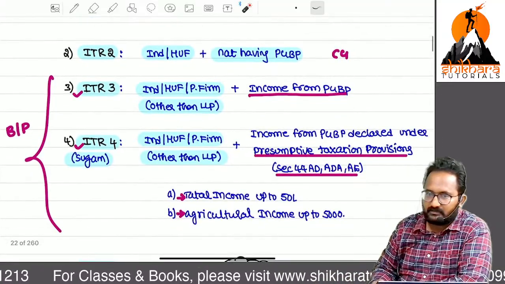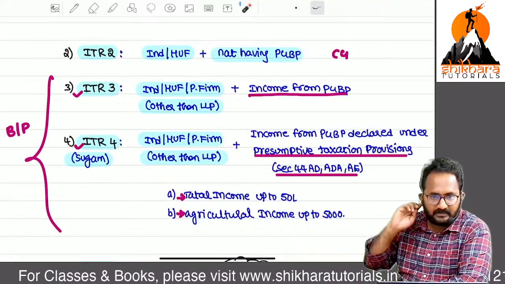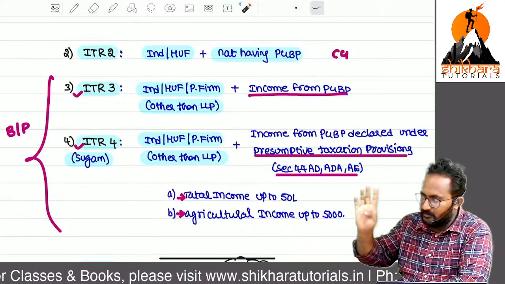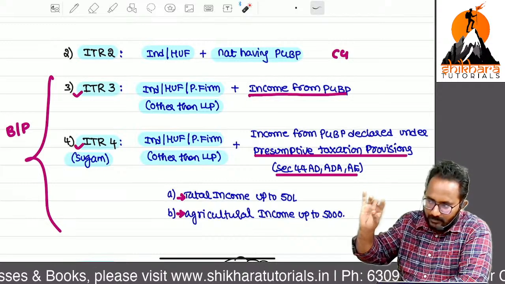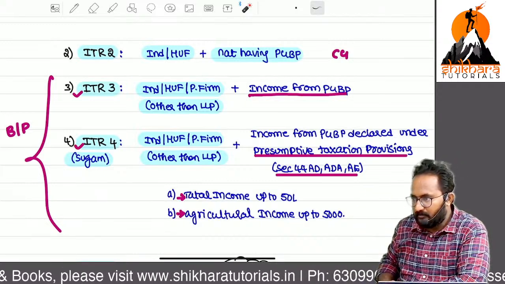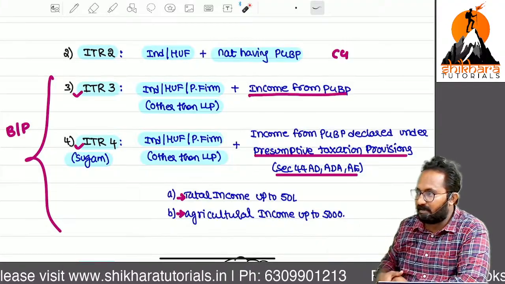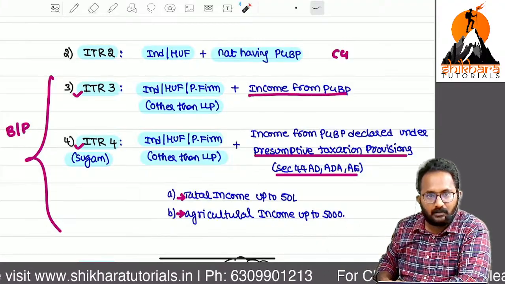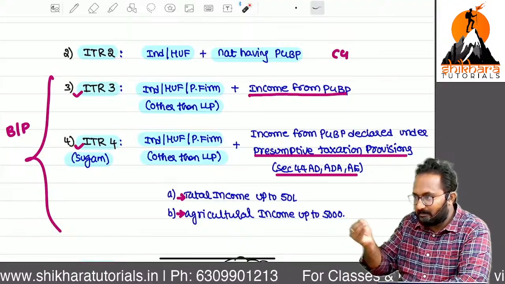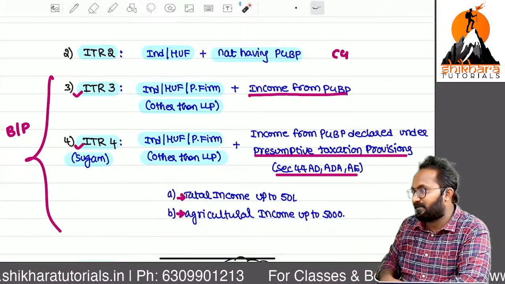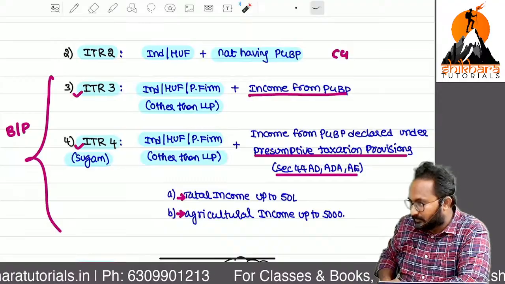Now I will ask a few questions, you can tell me. Business income is there for an individual, HUF, or partnership firm other than LLP, declared based on normal provisions. What is that ITR form? ITR 3. If the same person declares the business or profession income based on presumptive taxation provisions, what is that ITR form?